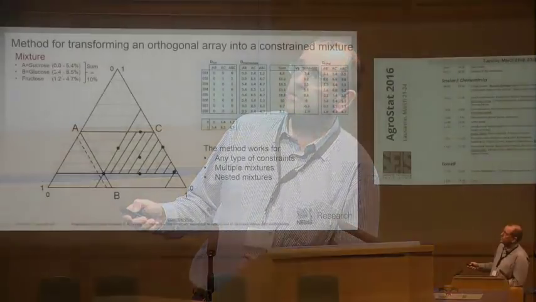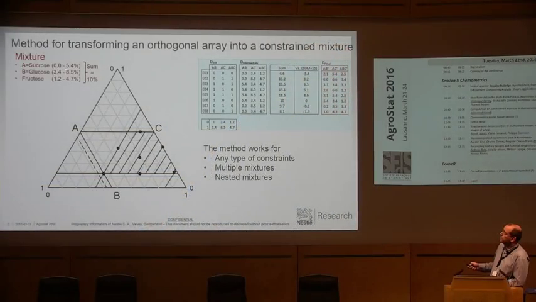And in a situation where it's much more complex, and I come again to what Michel was presenting, sucrose was not between 0 and 10. Sucrose was between 0 and 5.4. Glucose between 3.4 and 8.5, fructose between 1.2 and 4.7, and the sum has to be 10. So my region looks like this region here.